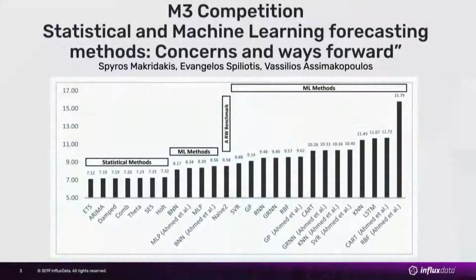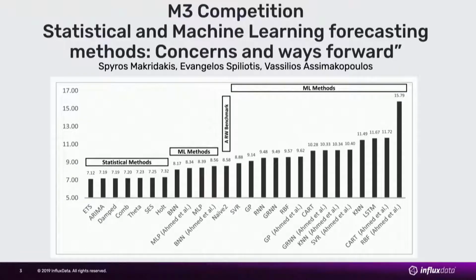So the first time I ever gave this presentation, I was given this paper. First of all, who here is familiar with the M-comps? Okay, cool. So for those of you who aren't familiar, it's the benchmark for time series forecasting. And it happens, I think, annually. And the M3 competition happened in 2018.